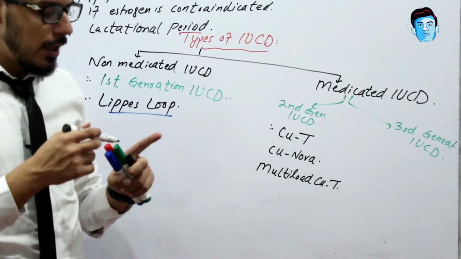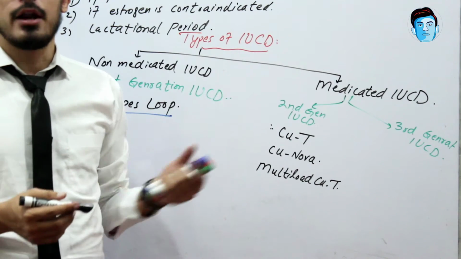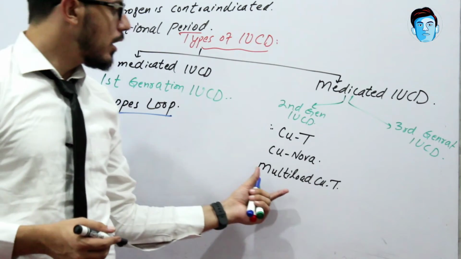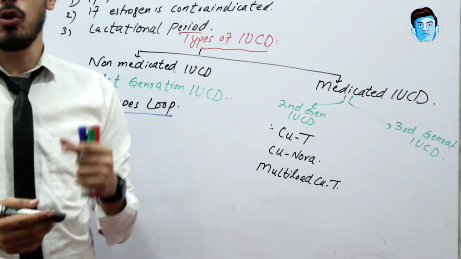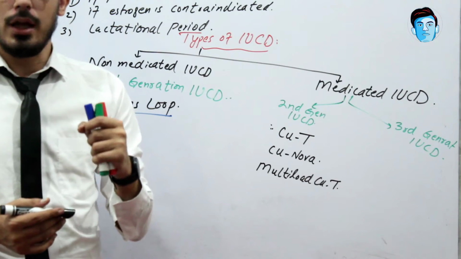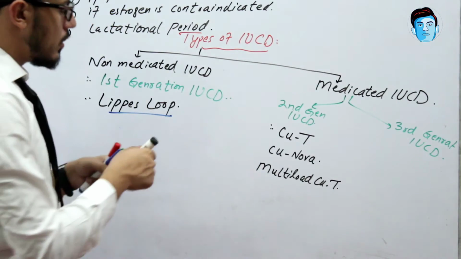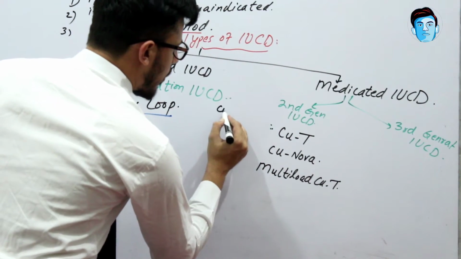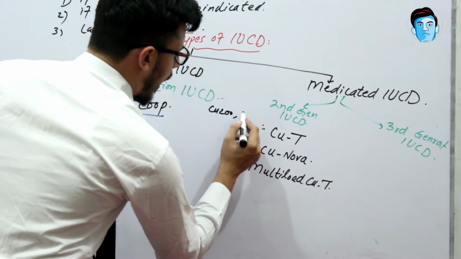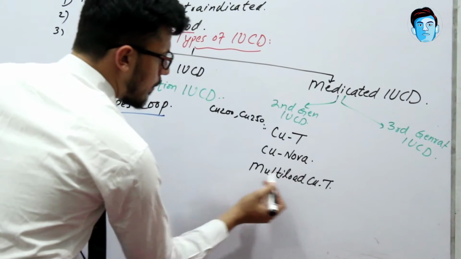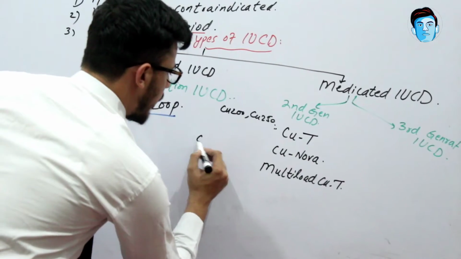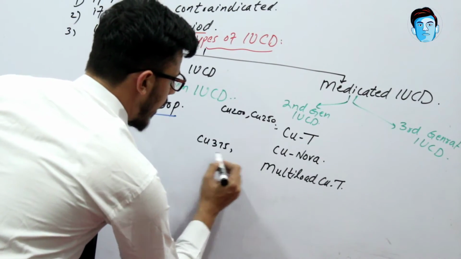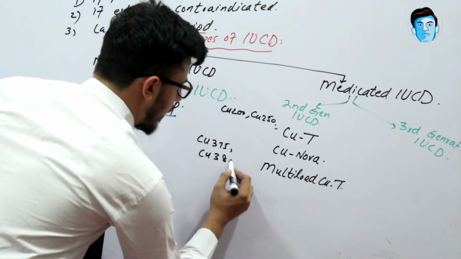In copper T, the amount of copper is relatively less as compared to the multi-load copper T, where the amount of copper is relatively high. Copper T is usually available as copper 200 and copper 250, while multi-load copper T is available as copper 375 and copper 380.